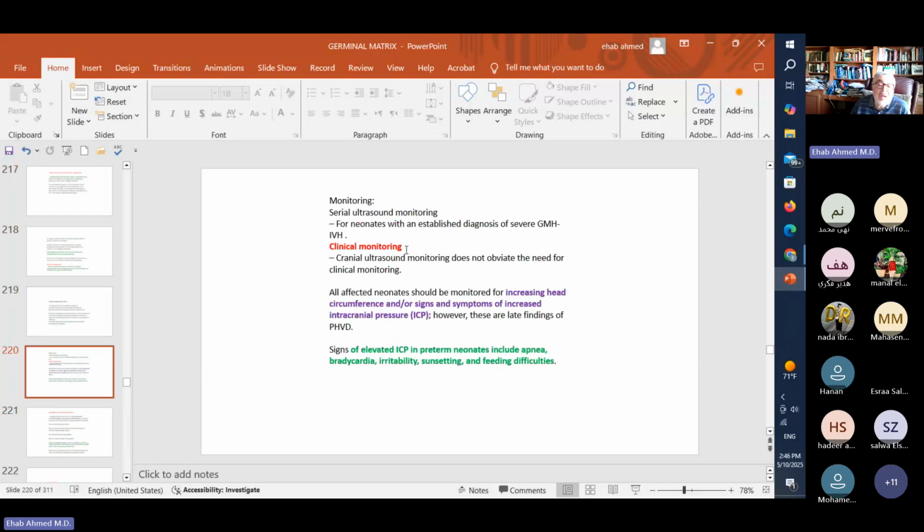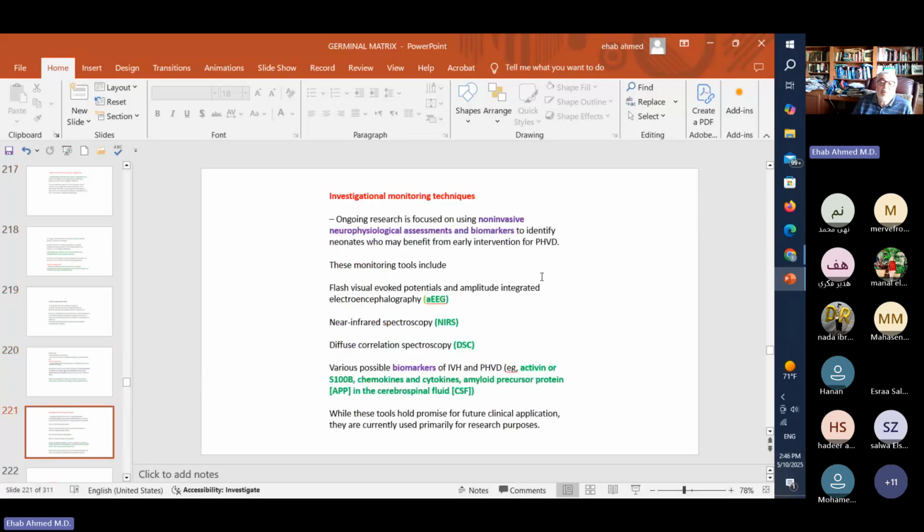Clinical and ultrasonographic monitoring is extremely important, because many babies could be asymptomatic. Dr. Amara, do you have a schedule for monitoring babies with cranial ultrasound?